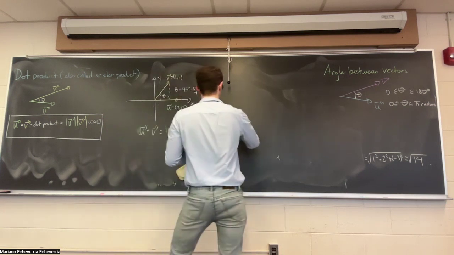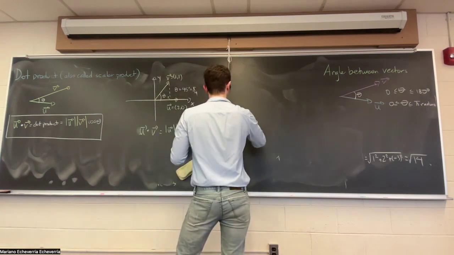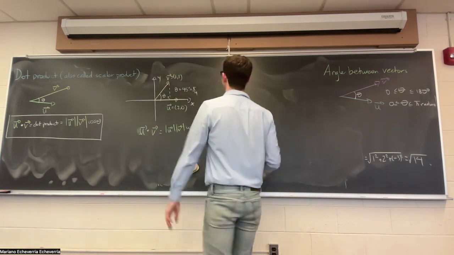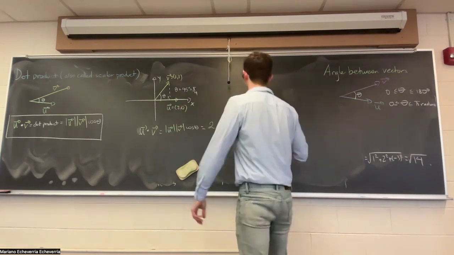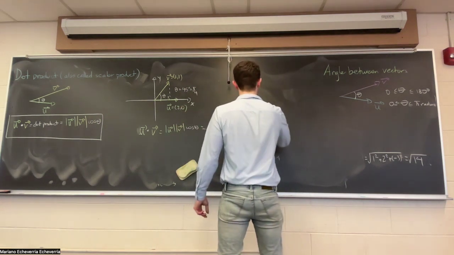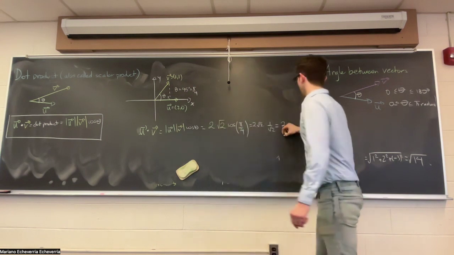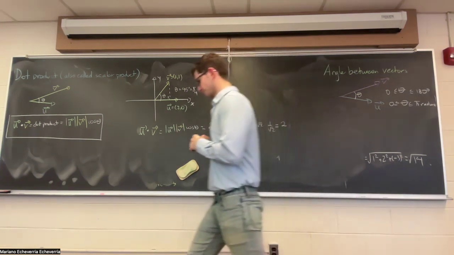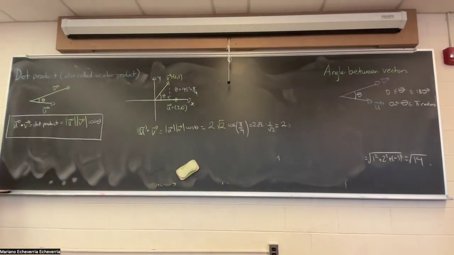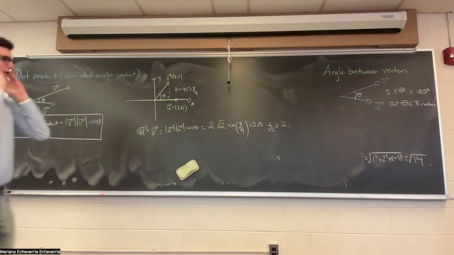So you're multiplying by the cosine of pi over 4, which is 1 over root of 2. So you get 2 times root of 2 times 1 over root of 2, which is just 2. So the dot product in this case, whatever the meaning is, is just 2.